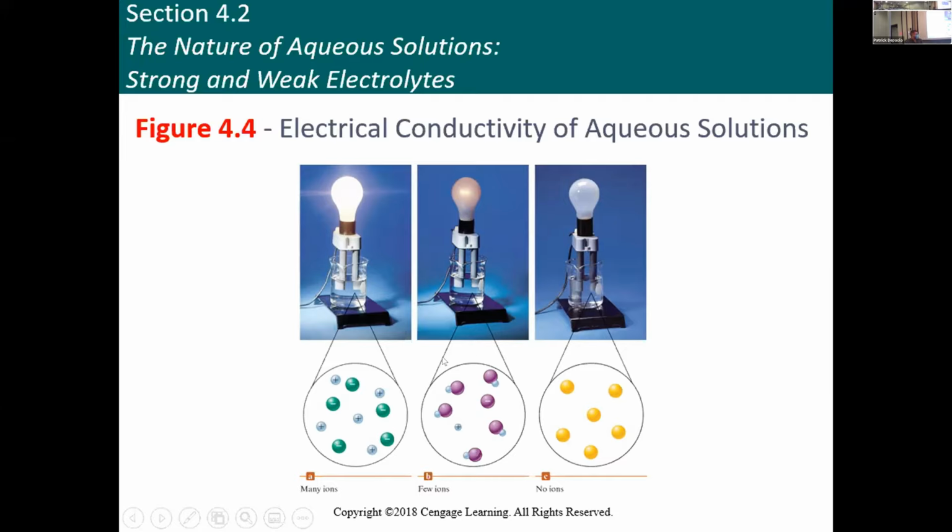Then you have few ions, which is what we call a weak electrolyte, and we'll see the terms in the next slide, where you have a very small percentage of ionization. It's actually around 1%, maybe a little less. And you get a very weak conductivity, if any. And then no ions, something like sugar or ethanol or methanol that would dissolve in water, which doesn't break apart into any charges, and it won't ionize at all, and it won't have any electrical conductivity.